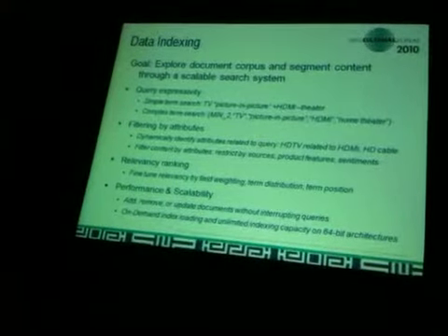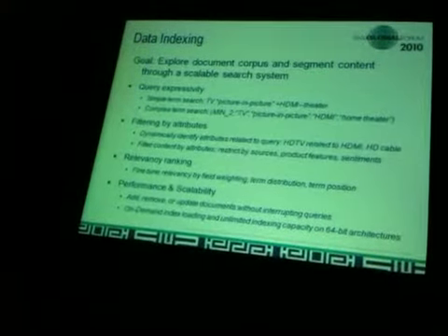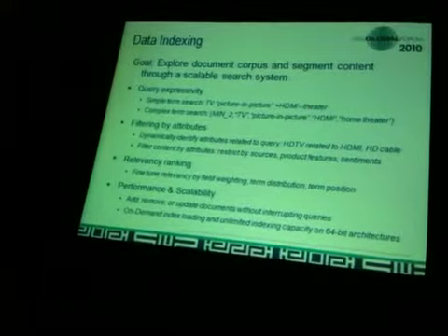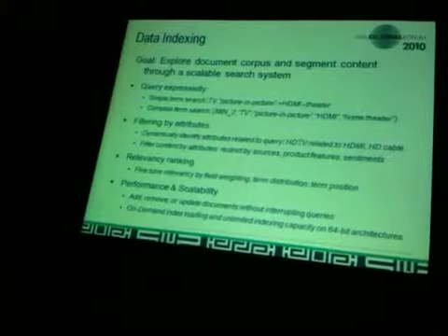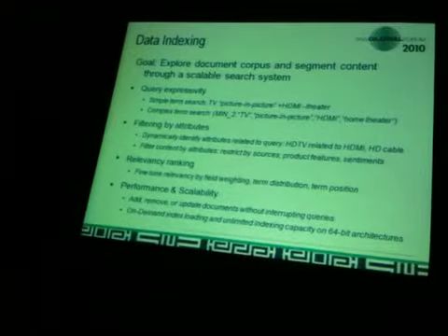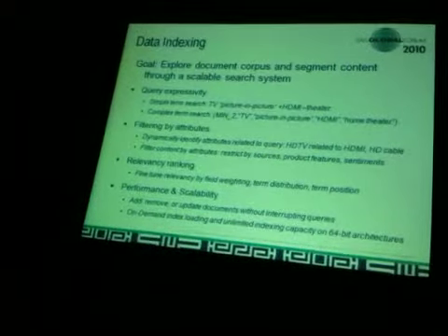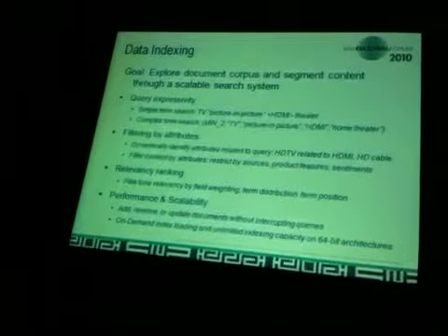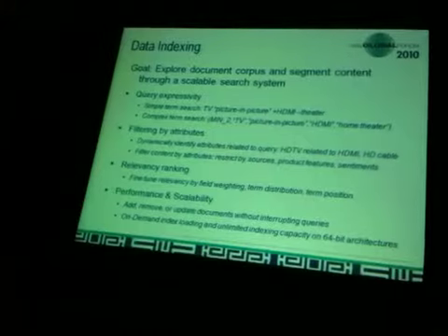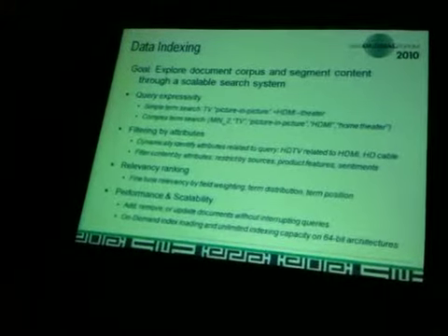The next is the filtering by attributes aspect. So in my example, when I was showing you, let's now fix my domain to all the content that was about LCD TVs and then LCD Samsung. You need to be able to filter your search results, in fact, by particular aspects.